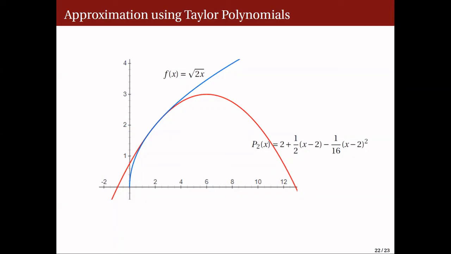The blue plot here is the plot for f of x equals square root of 2x. Note that at x equals 2, the plots of the two functions almost coincide. So this is why p sub 2 of x could be a very good choice to approximate f of x for values of x very close to x equals 2.